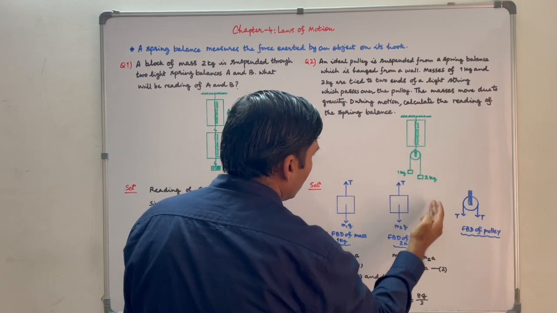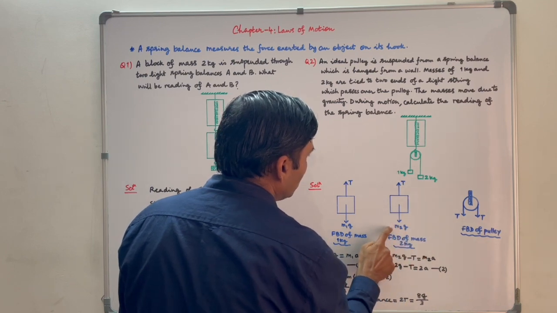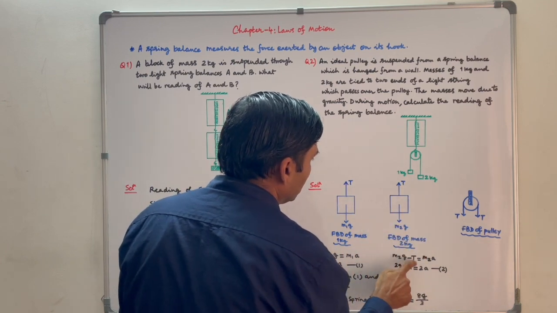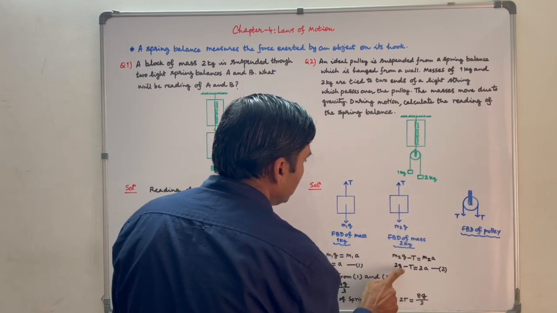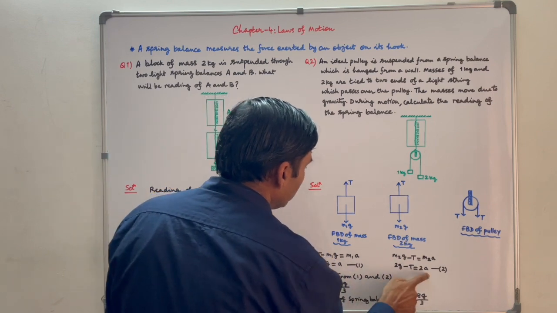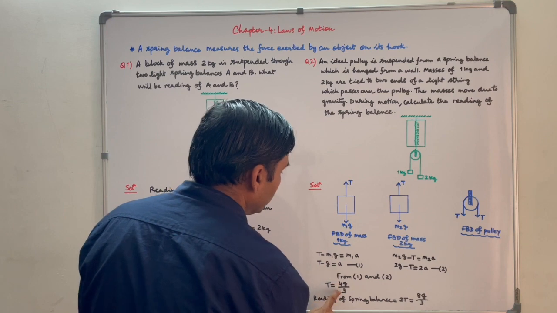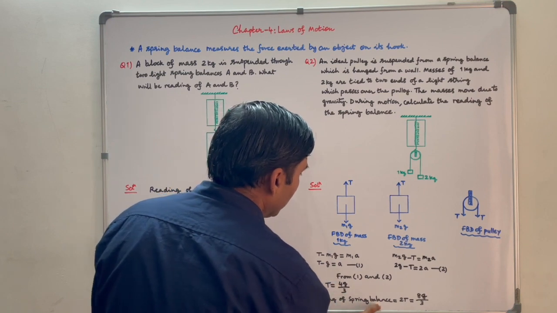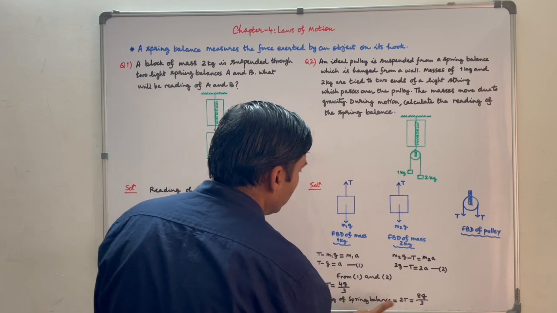This is moving downwards, so net force will be downwards and that will be m2g minus T is equal to m2a. m2 is given as 2 kg. So 2g minus T is equal to 2a. We can solve these two equations for T. So T comes out to be equal to 4g by 3. So reading of spring balance will be equal to 2T and that is equal to 8g by 3.